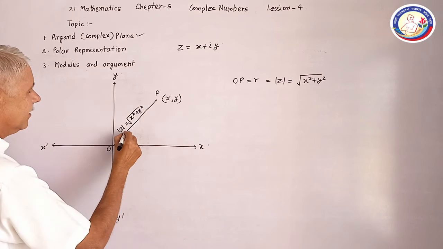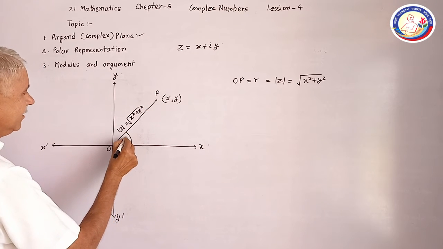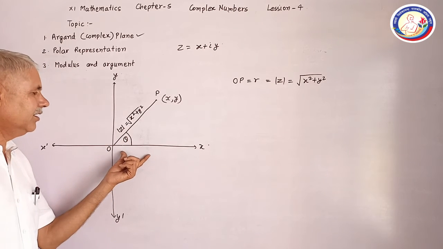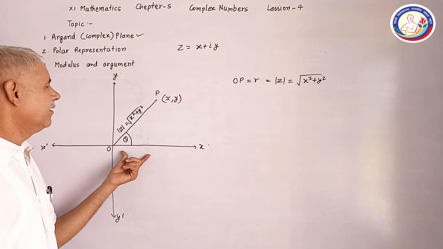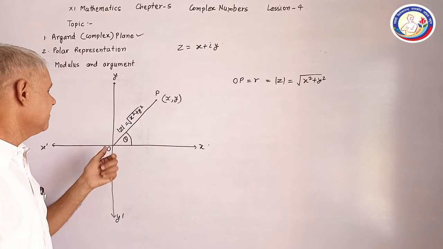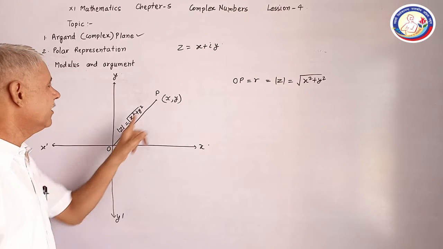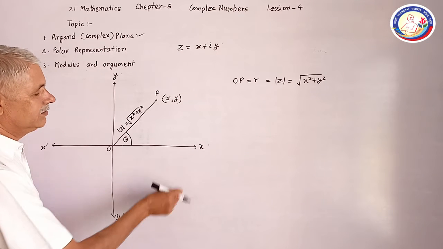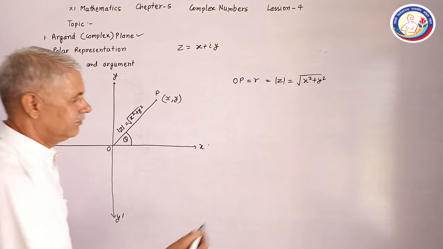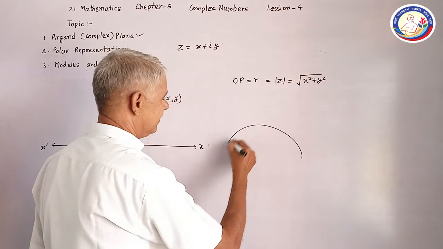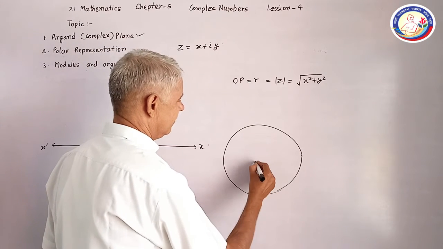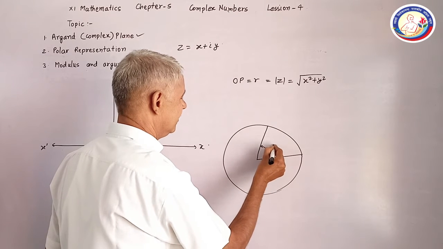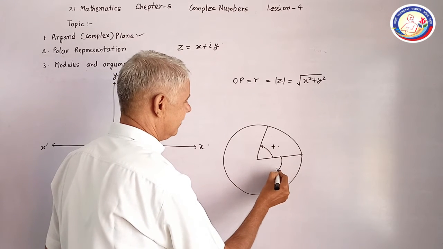If we denote this angle by theta, what is theta? Theta is the angle formed by this line OP with the x-axis in positive direction. The measurement of angle in this way, this direction is positive direction and this is negative direction.